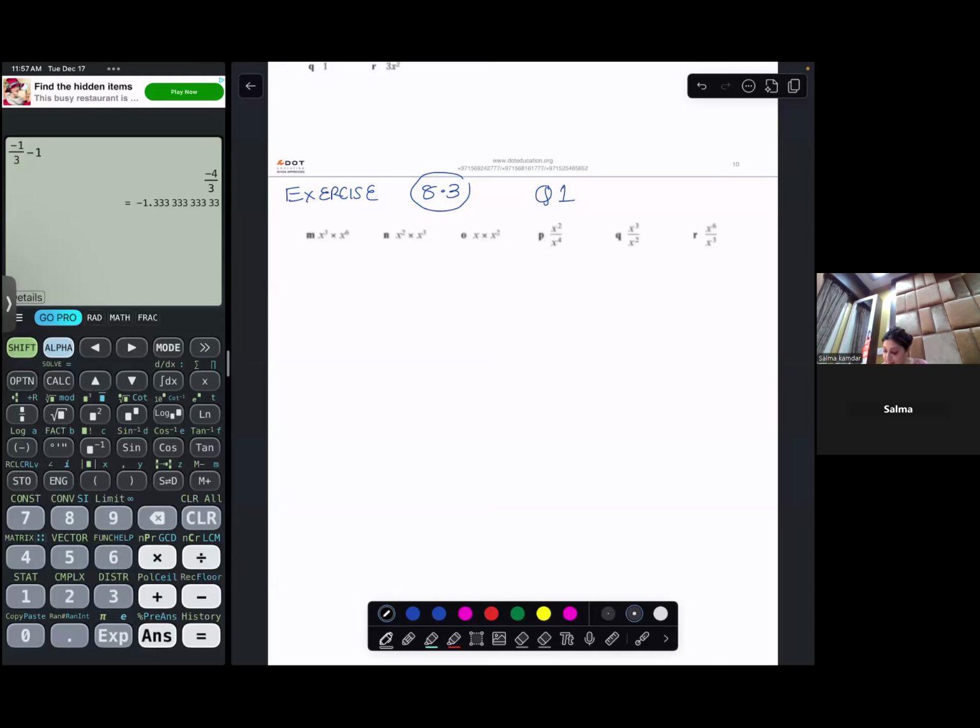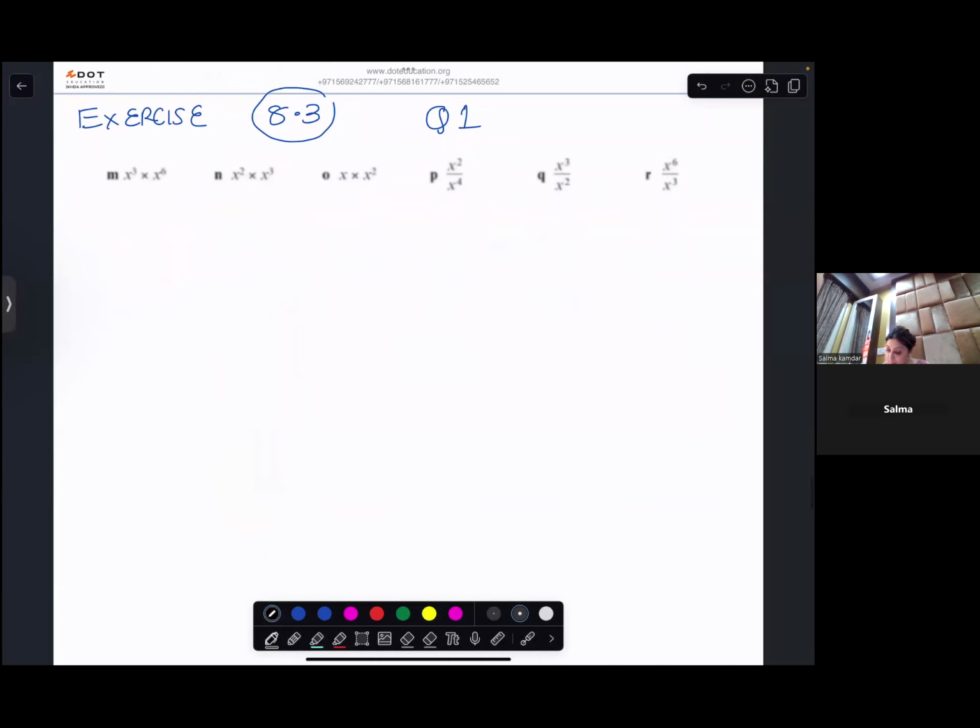So I'm continuing with exercise 8.3, question number 1. Now this is the M, N, O, P, Q, R part. You need to be very clear when you're seeing the question. First, try to simplify your y. Then go on finding your dy by dx.